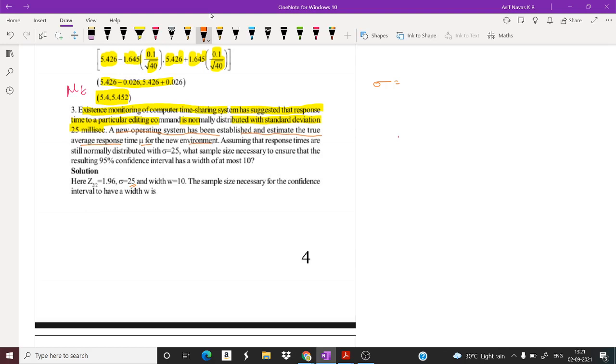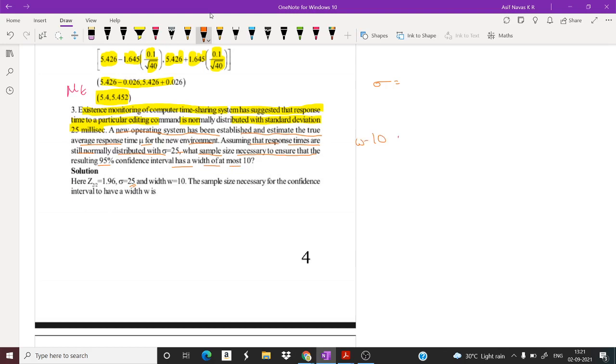Okay. Assuming that response times are still normally distributed with sigma 25, what is the sample size necessary to ensure a 95% confidence interval with a width at most 10?